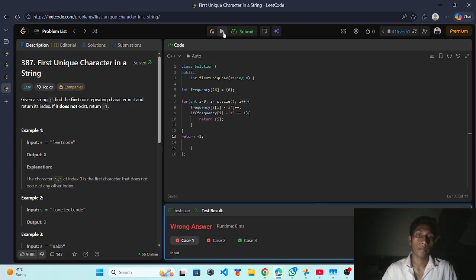So we run this solution and we get a wrong answer. What is the reason for the wrong answer?